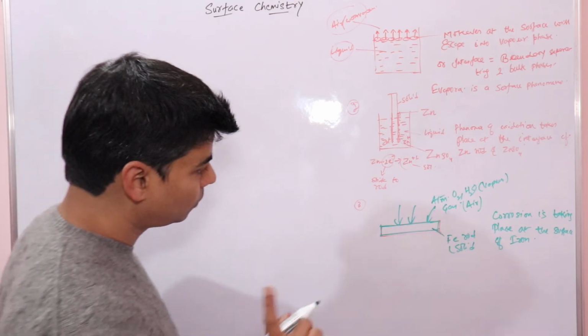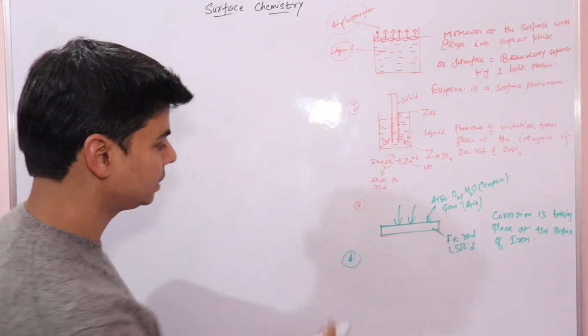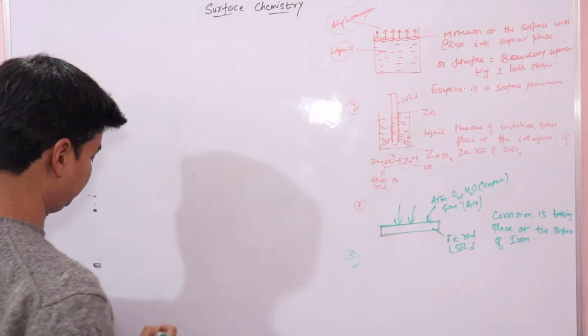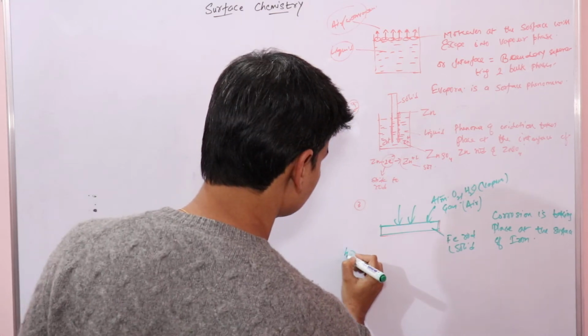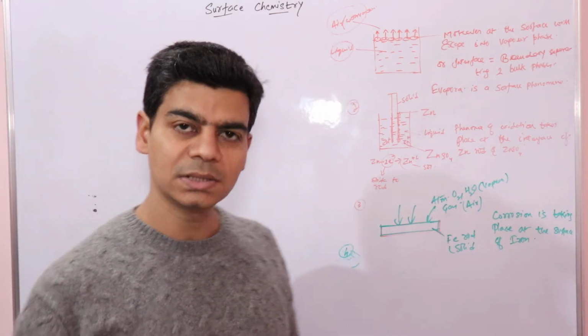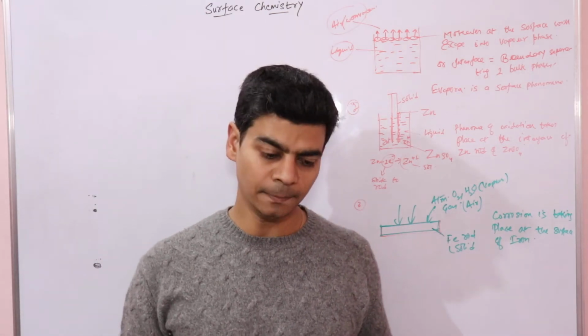Now there is one more thing. We have started chemical kinetics, and in chemical kinetics we have studied catalysis, right? How does a catalyst help to increase the rate of reaction?